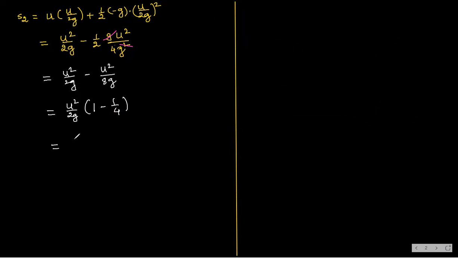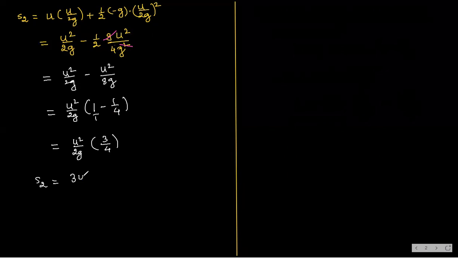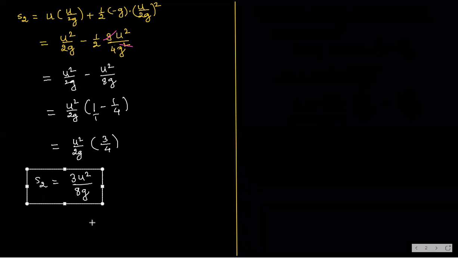So what we are getting here, u square by 2g into, this is 4 minus 1, means you are getting 3 by 4. Yes, no? So what we got? 3u square by 4 into 2g, this is 8g. Understand? Is that clear?